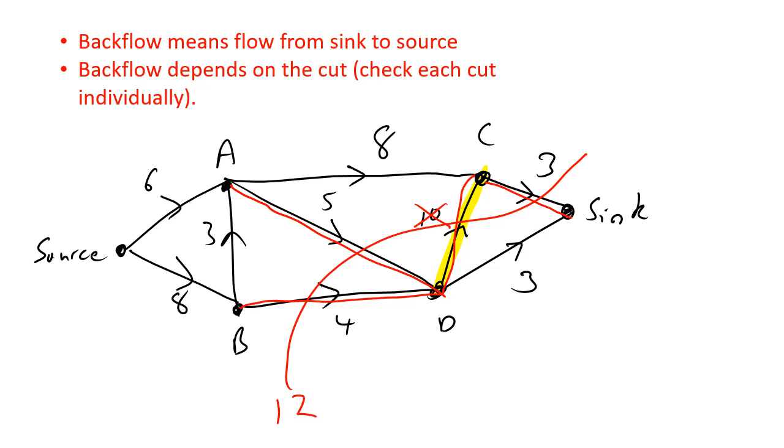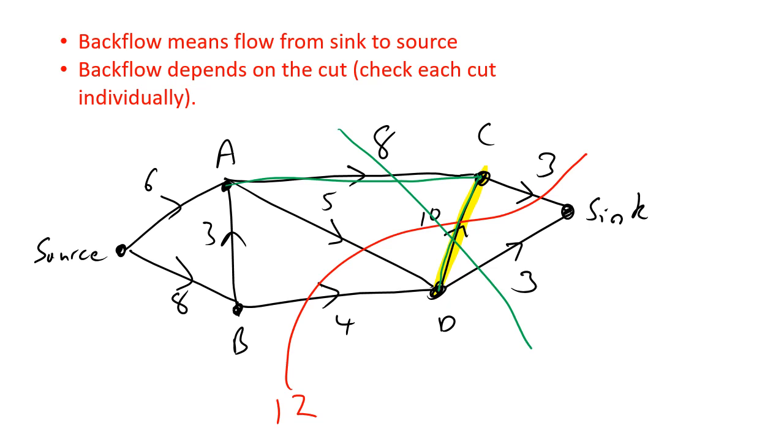Very important to note that the backflow. Now, remembering that we said that this highlighted yellow edge was a backflow, what if we cut just straight through like that? Well, A to C, that is a definitely forward flow, source to sink, ignoring the red line, we're just looking at the green one. But if you look here now, D to C, D is on the source side of the green line, so that counts.